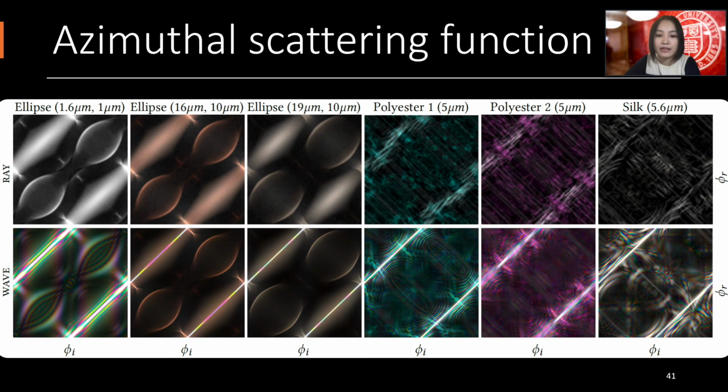For each subplot, the x-axis and y-axis are incoming and outgoing azimuthal angles respectively. We integrate the scattering function over wavelengths to obtain RGB representations. We observe rainbow colors in the wave plots, but not in the ray ones. Compared to the ray-based functions, the wave simulation produces much smoother distributions for non-elliptical cross-sections.